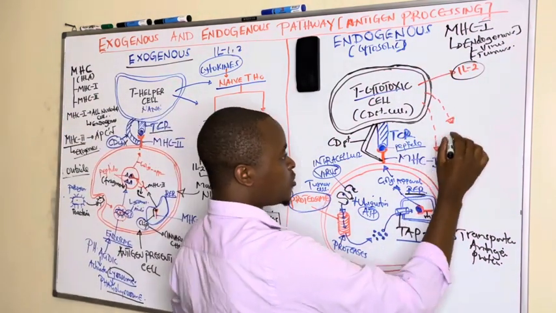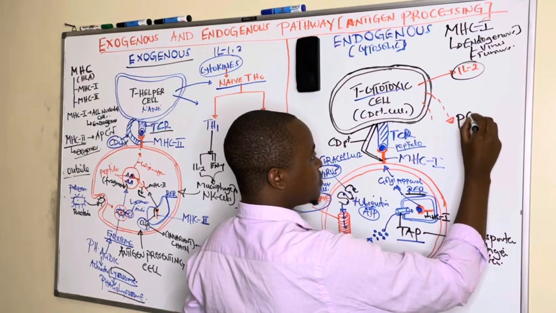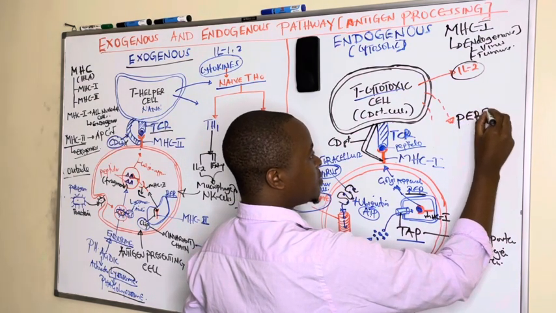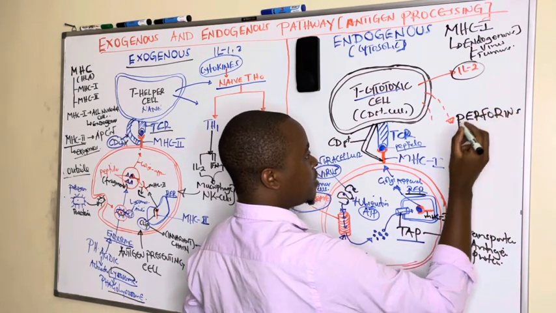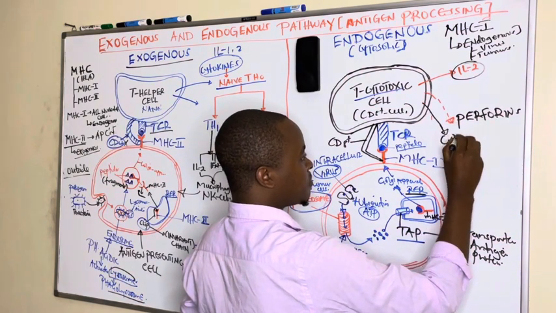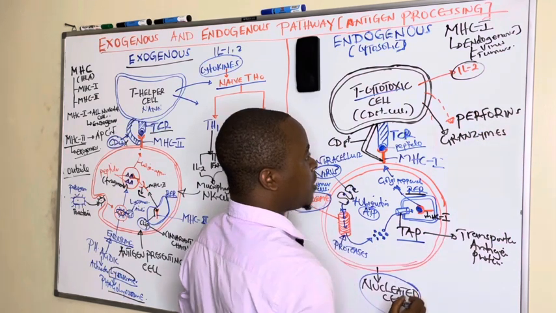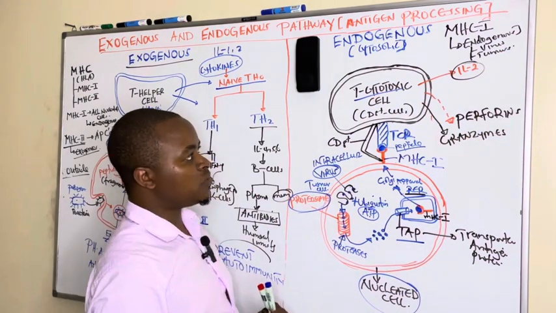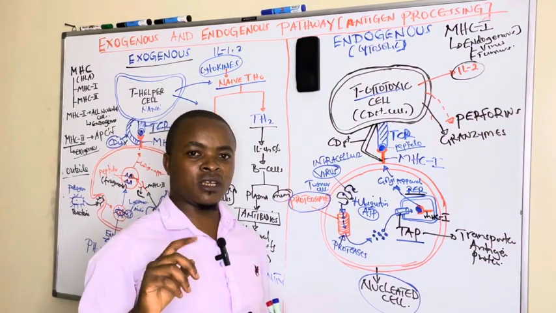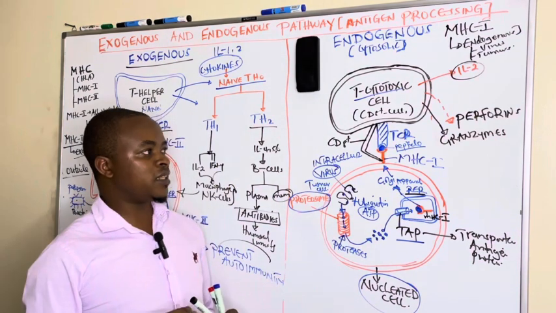It will also produce perforins and granzymes. As we told you in the beginning, T cytotoxic cells kill the infected cell.